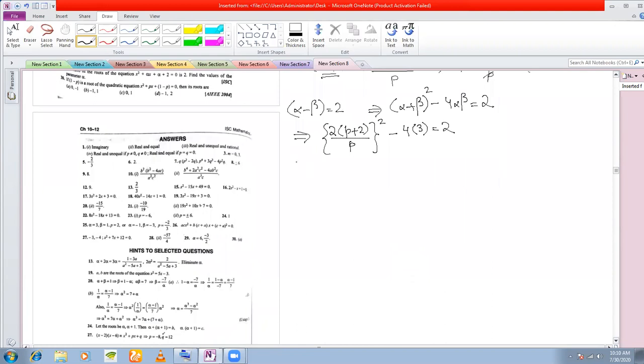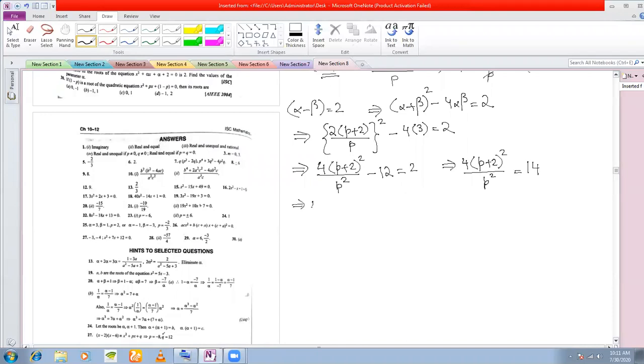Now we have got the equation. We simply solve this equation to get 4 times (p plus 2) whole square by p square minus 12 is equal to 2. That means 4 times (p plus 2) whole square by p square is equal to 12 plus 2, 14.